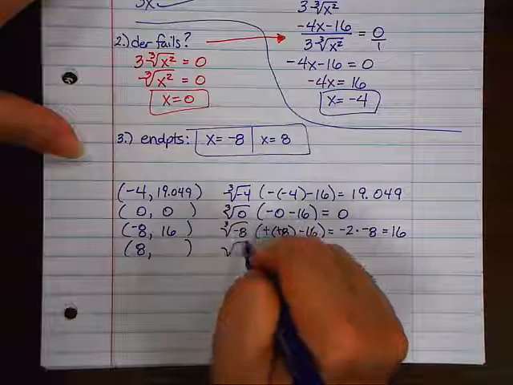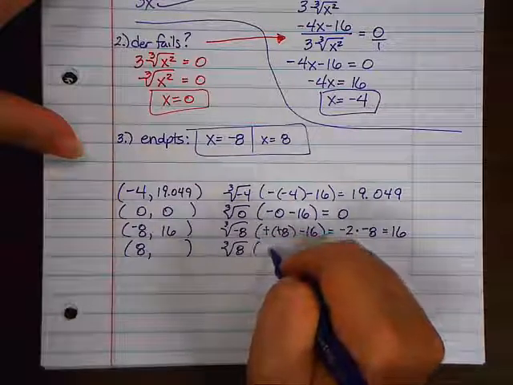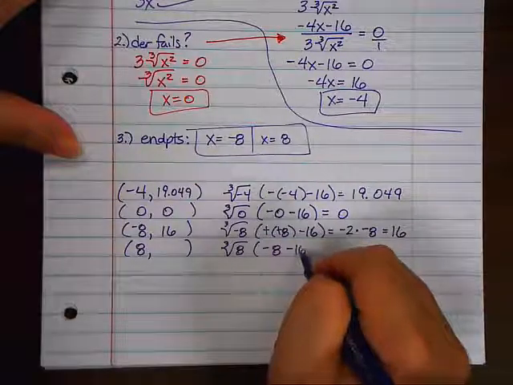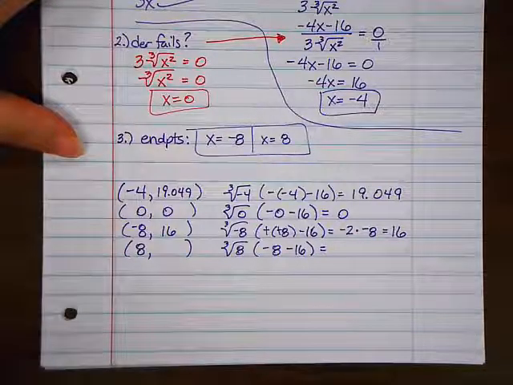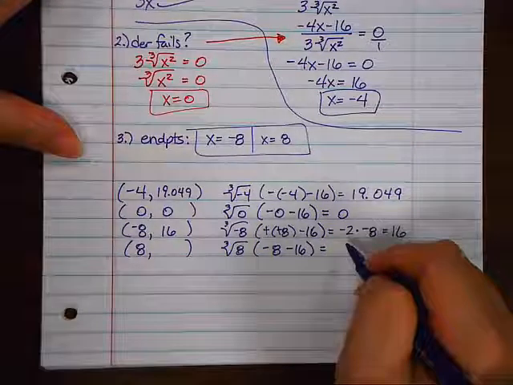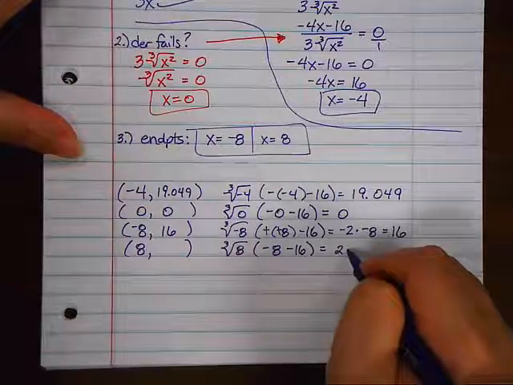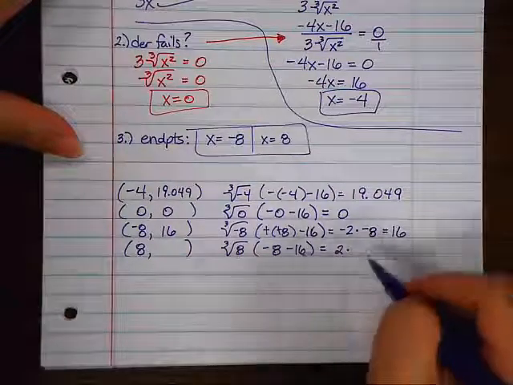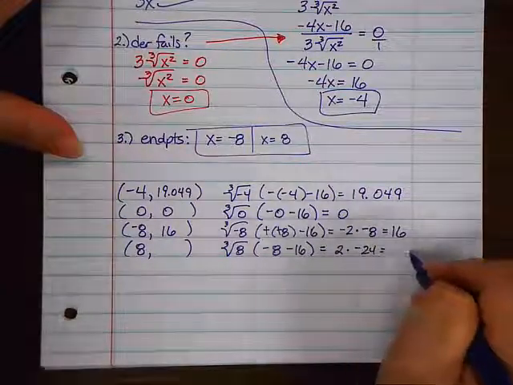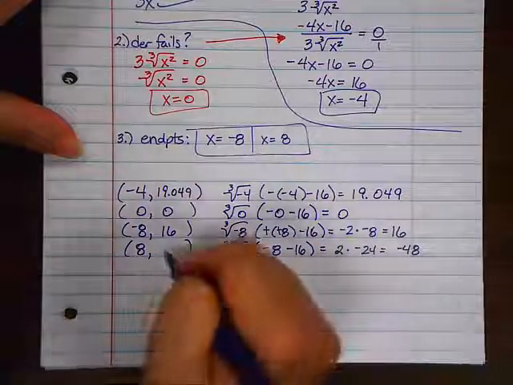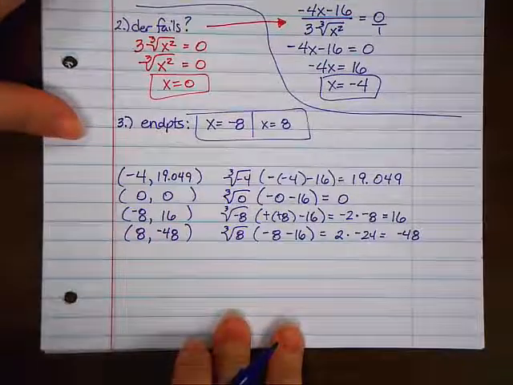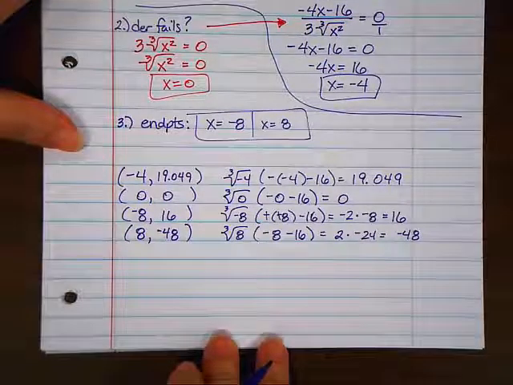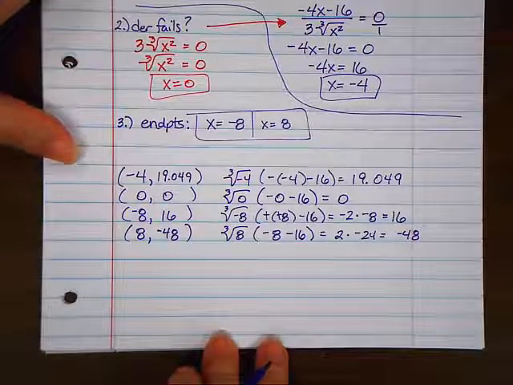And now for the last one, the cube root of 8 times negative 8 minus 16. So the cube root of 8 is 2. Negative 8 minus 16 is negative 24. That's negative 48. Are we good so far?